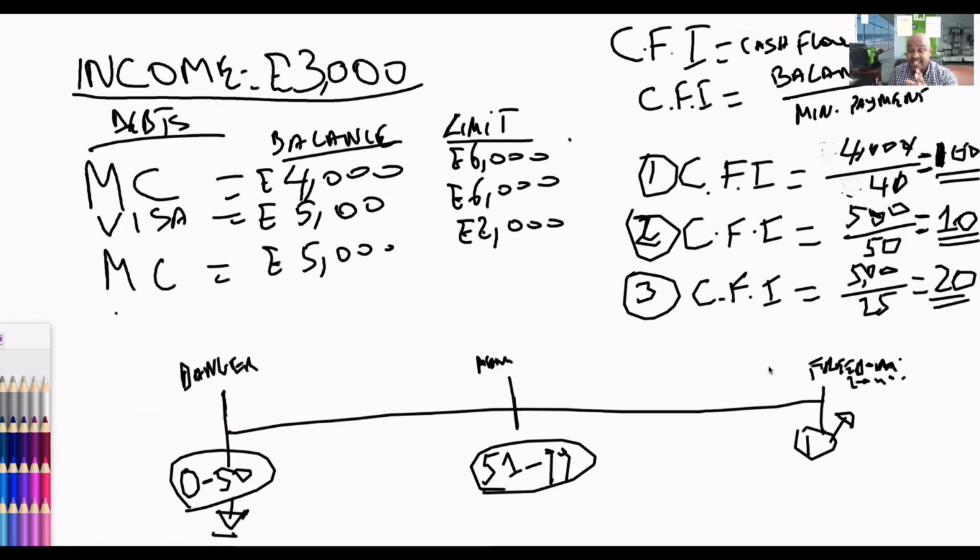Okay, this is how you can clear your debt very quickly, by tackling first the biggest interest payment per month. The one that has the smallest cash flow index tends to be the one you're paying a higher monthly fee for. Okay, so I hope this has helped you.